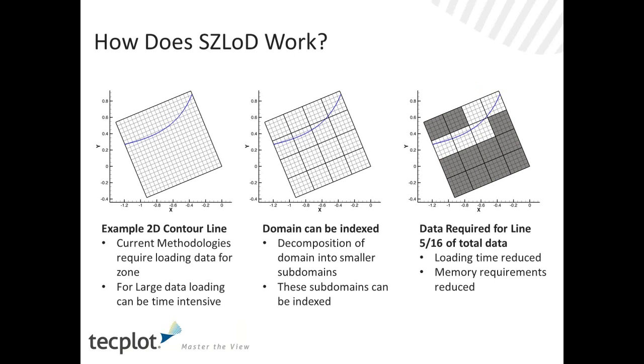If we can index a domain and decompose it into smaller domains, when we think about a feature that we're trying to render, for example, this contour line, but you can imagine this could be a slice or isosurface, realistically one only needs the data where this line is contained. In the very simple case that I've shown here, where we're looking at 16 total cells, subzones so to speak, you can see that in this context, we're only using 5/16 of the total data.